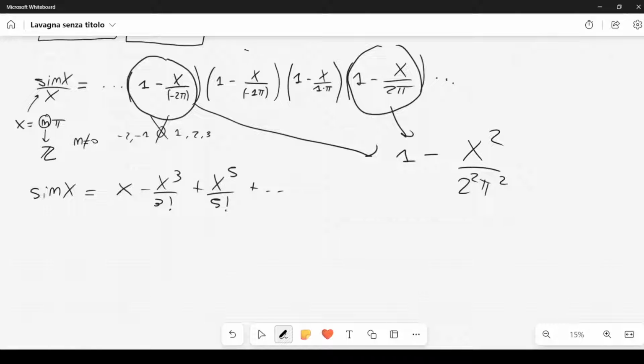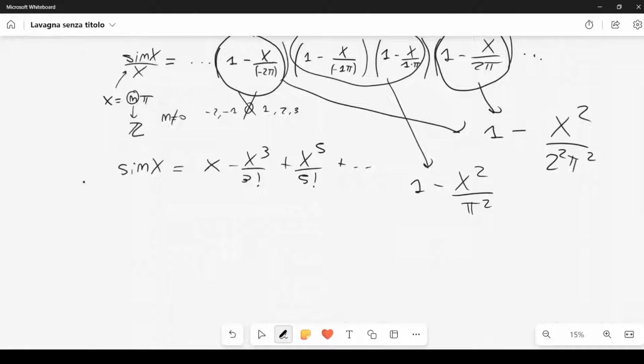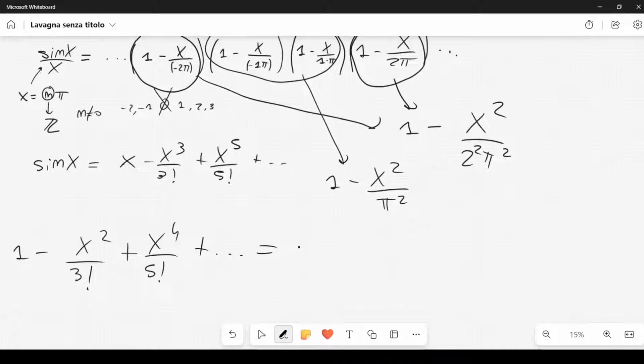And similarly, when you multiply these two, you get 1 minus x squared divided by, well, you have pi squared here. Simple as that. Therefore, you see that you can write sine of x over x like this, divided by x, so you have 1 minus x squared over 3 factorial, plus x to the fourth over 5 factorial, plus dot dot dot. But you can also write the same thing in the following fashion.